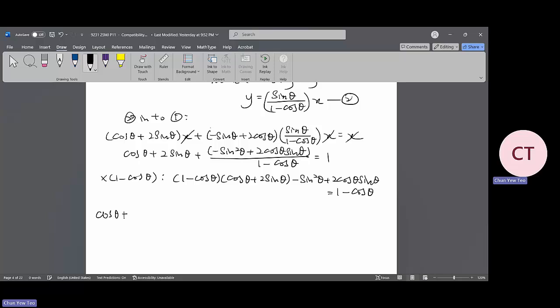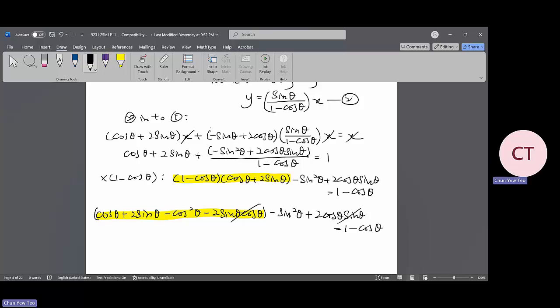I get cos theta plus 2 sine theta minus cos square theta minus 2 sine theta cos theta. This one is totally expanded. Then this one is minus sine square theta plus 2 cos theta sine theta is equal to 1 minus cos theta. So you can see that these two can be cancelled.